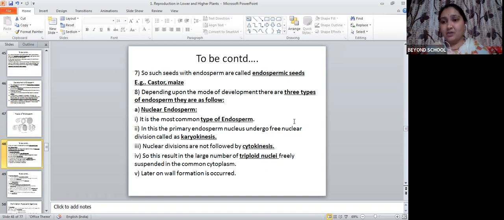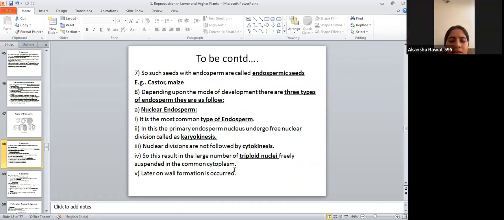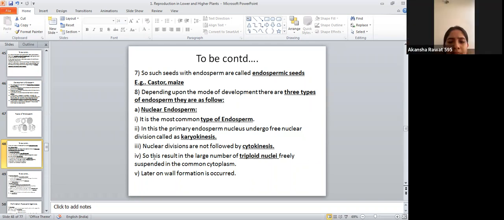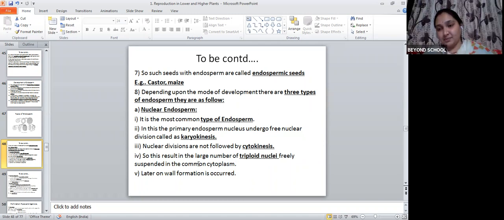No other cell or nucleus is required; the single endosperm nucleus went alone under nuclear division. That's why karyokinesis has been followed, and this karyokinesis has formed a large number of triploid nuclei. Later on they have become constant. That's why I have written they have been suspended in the common cytoplasm.